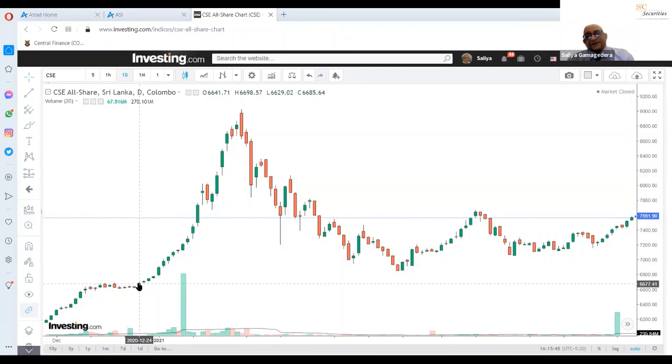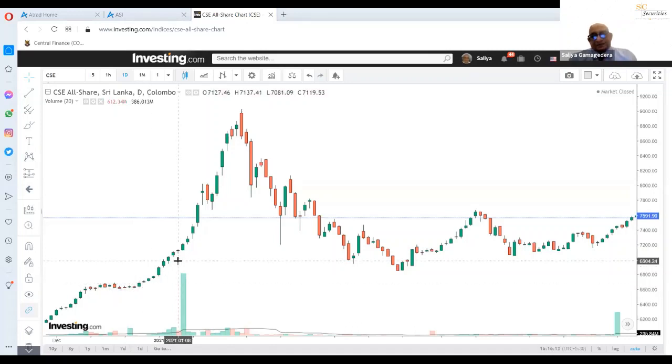So basically, you can evaluate the data according to your time preference, according to the time periods that you need to analyze when you are using the price behavior. And we call the price behavior price action, right?